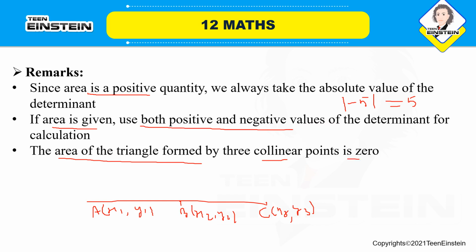So that is remark 3, the area of the triangle formed by three collinear points. Since these 3 points are lying on the same line, they are called collinear points. If the points are collinear, then the area of the triangle formed by these three collinear points is 0. So that is remark 3.